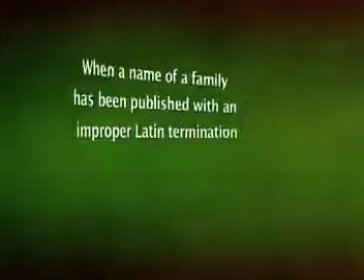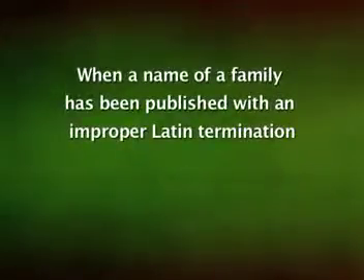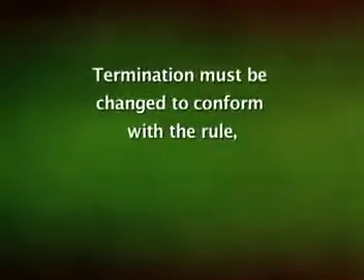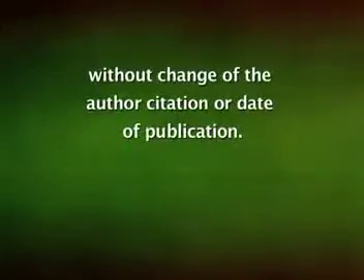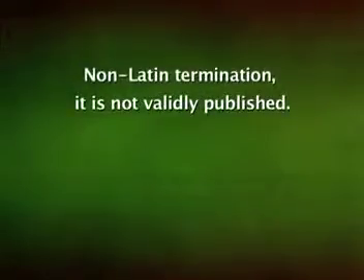A name of a family based on an illegitimate generic name is illegitimate unless conserved. When a name of a family has been published with an improper Latin termination, the termination must be changed to conform with the rule, without change of the author citation or date of publication. However, if such a name is published with a non-Latin termination, it is not validly published.